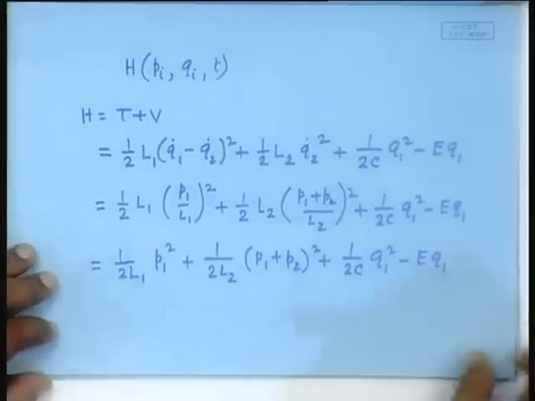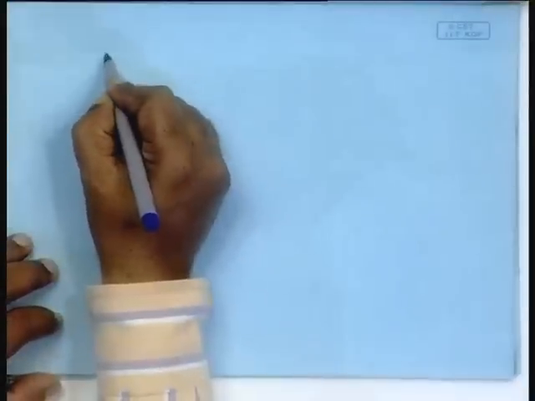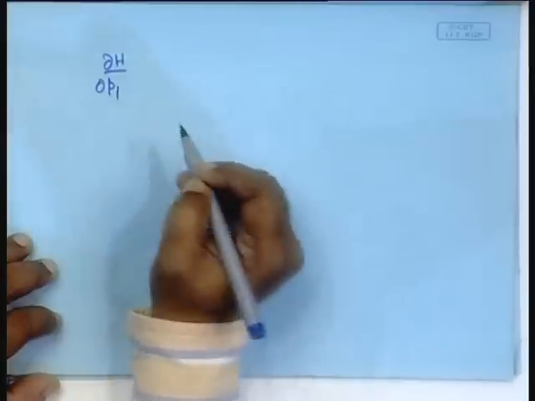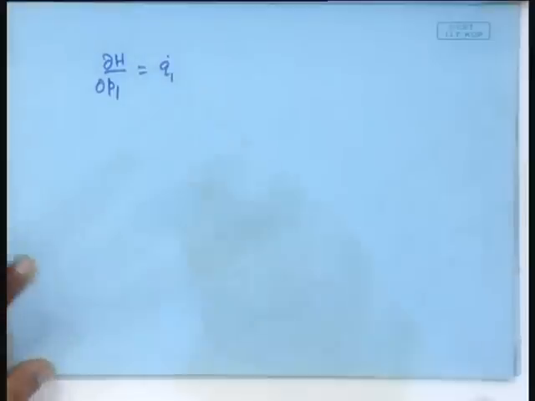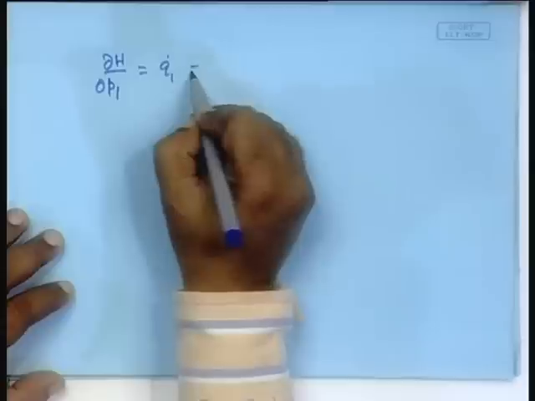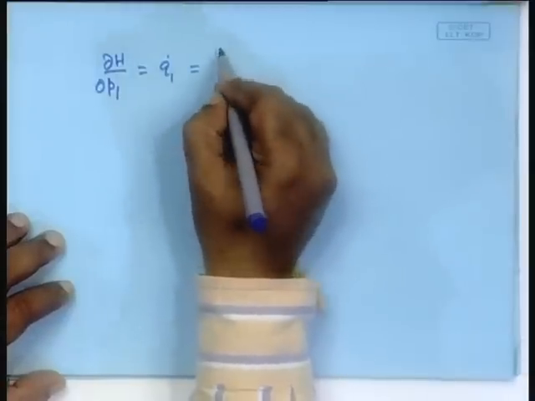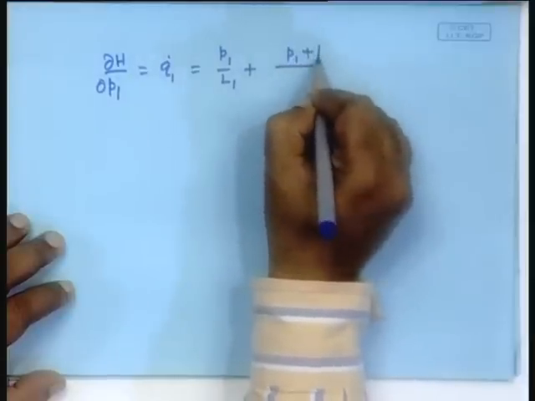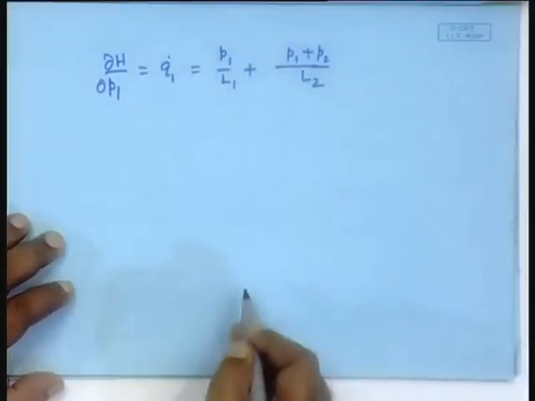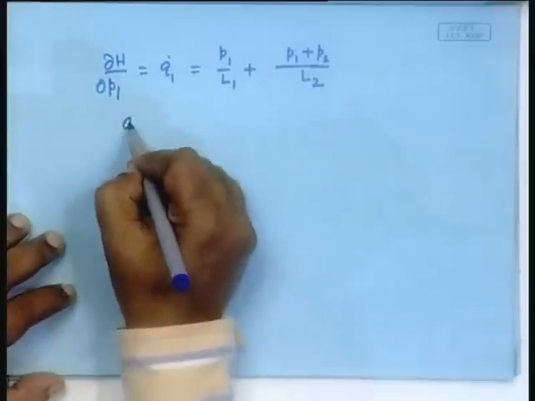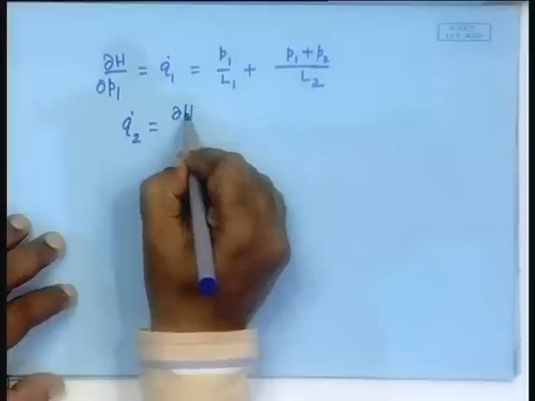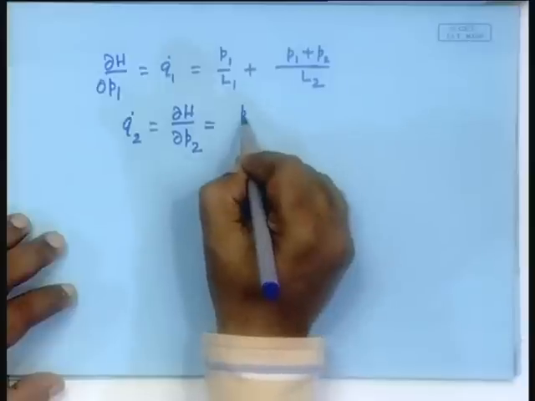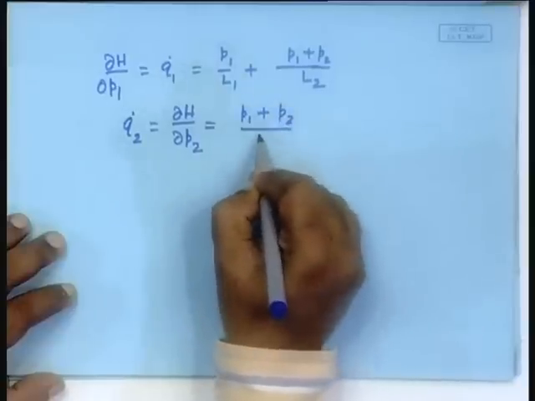The rest is algorithmic. We will say simply that the derivative of H with respect to P1 is nothing but Q1 dot, simple, and this immediately yields P1 by L1 plus (P1 plus P2) by L2. Similarly, Q2 dot is the derivative of the Hamiltonian function with respect to P2, which is (P1 plus P2) by L2.